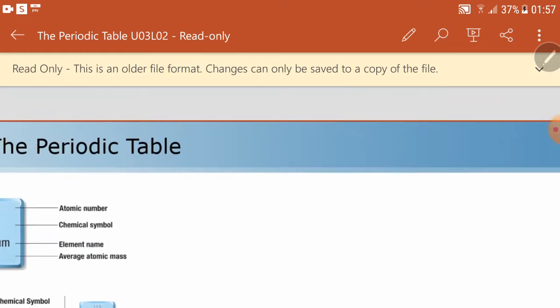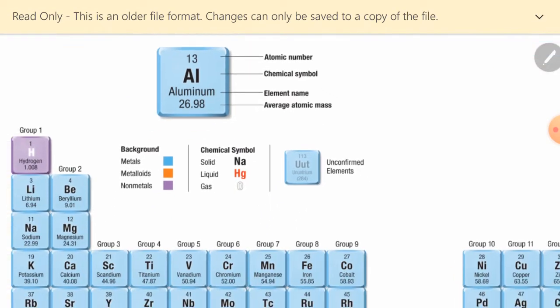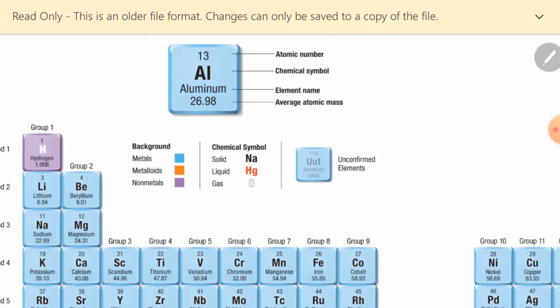Under the symbol is the element name. Some names are identical with the common names, like aluminum, Al for aluminum, it's the same. They can be the same as the symbols.